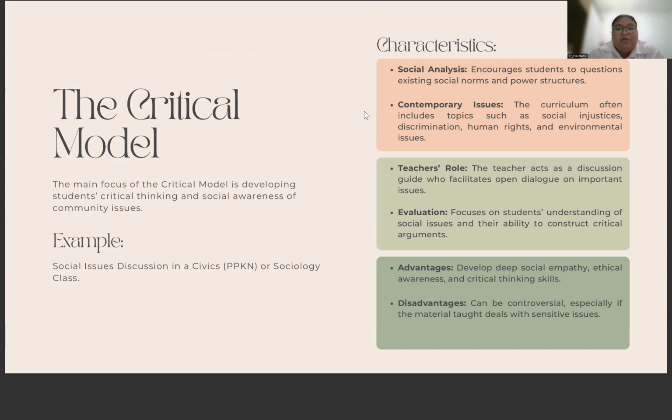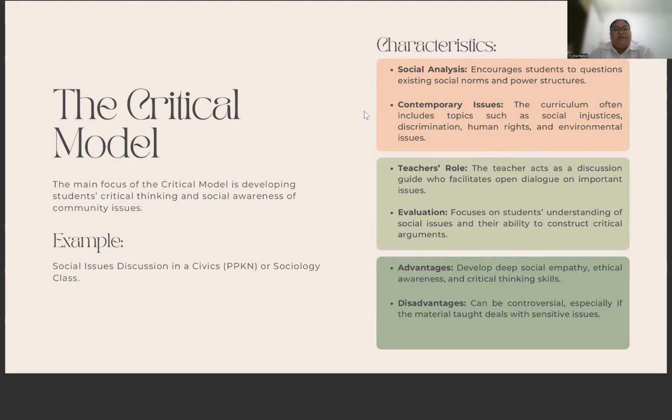It means that the curriculum often includes topics such as social injustice, discrimination, human rights, and environmental issues. The next is the teacher acts as a discussion guide who facilitates open dialogue on important issues. The evaluation focuses on students' understanding of social issues and their ability to construct critical arguments.